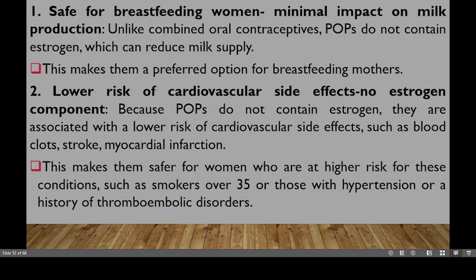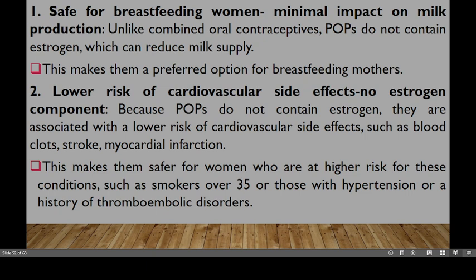But you have to know that generally the POPs, progesterone only, are safe for breastfeeding women. They have minimal impact on breast milk production as compared to the combined oral contraceptives. All right. So POPs do not contain estrogen, which can reduce milk supply, and this makes them a preferred method for breastfeeding mothers.